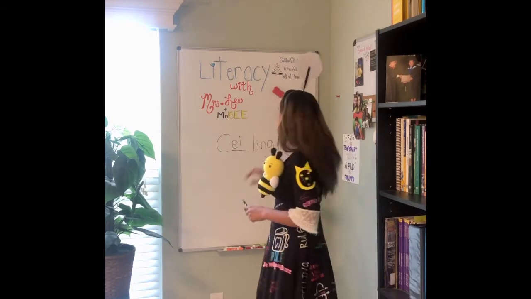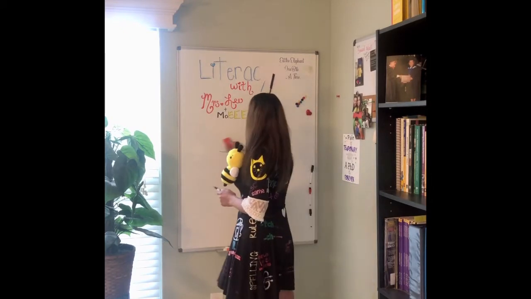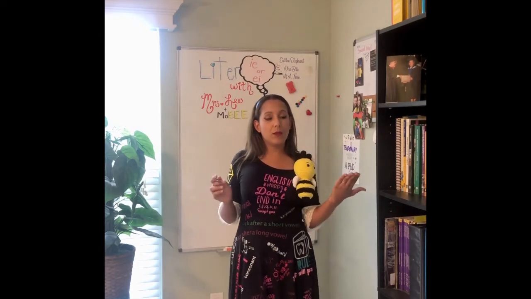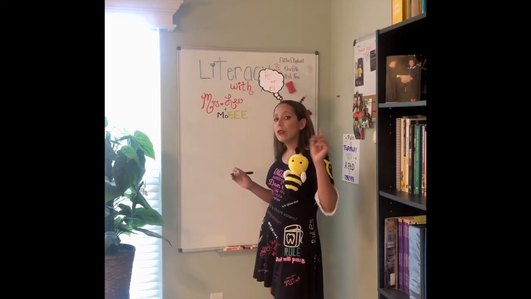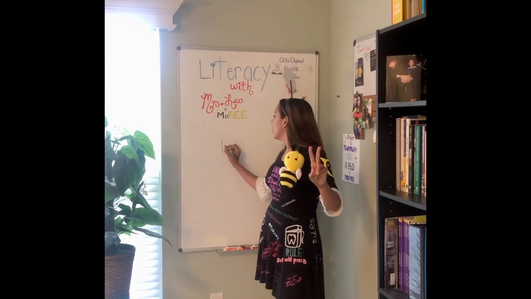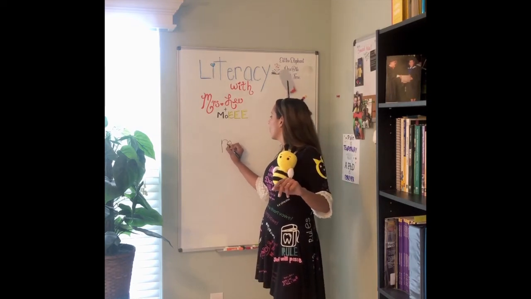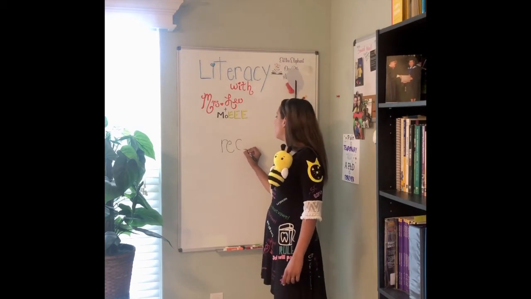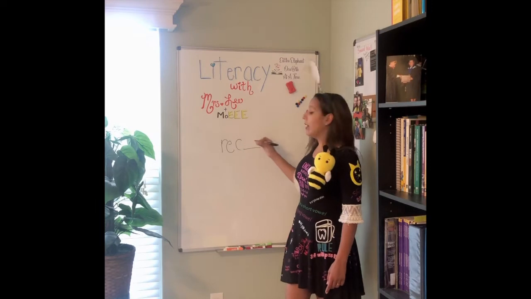One more. Let's spell the word receive. Ready? Say receive. Good. Let's count the syllables in the word receive. Receive. 2 syllables. Ready? Re, r, e. Eve. C. I'm going to leave it blank over here.